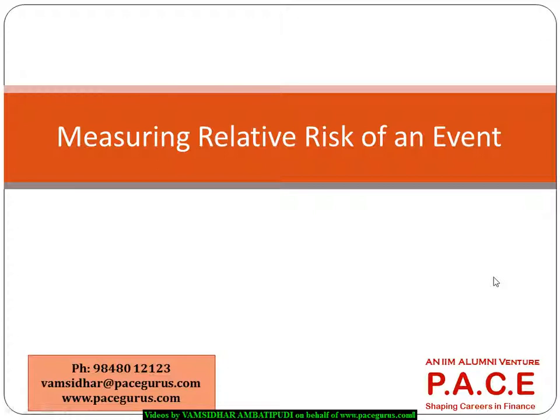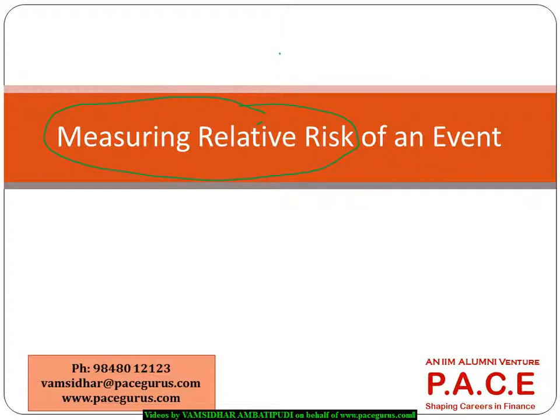My name is Vamsidhar. In this session, I would like to cover how to use the crosstab analysis to measure the relative risk of an event.